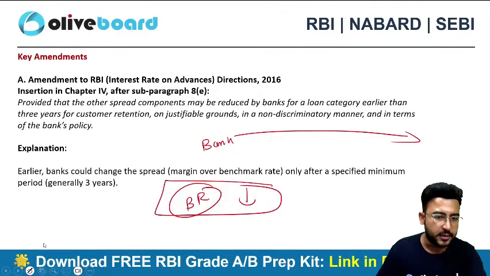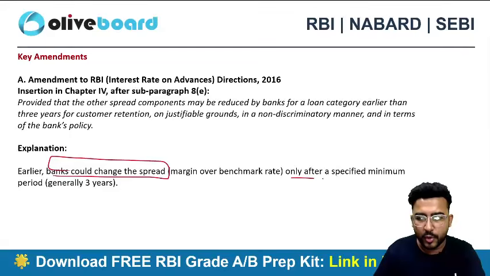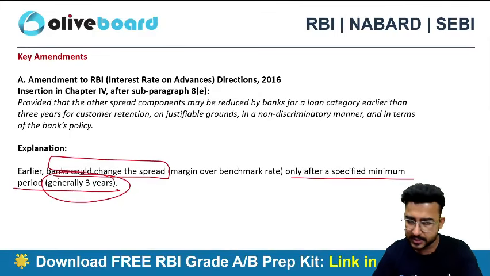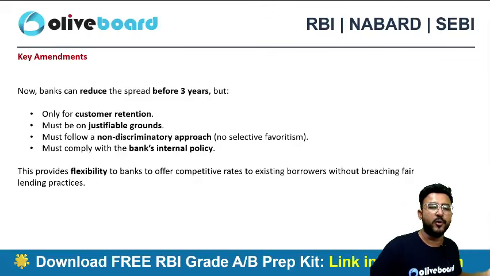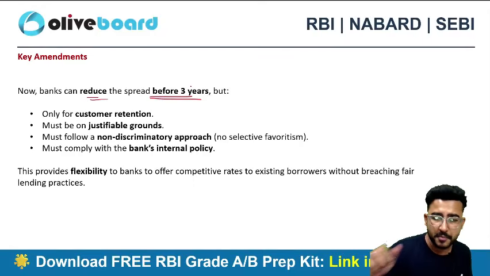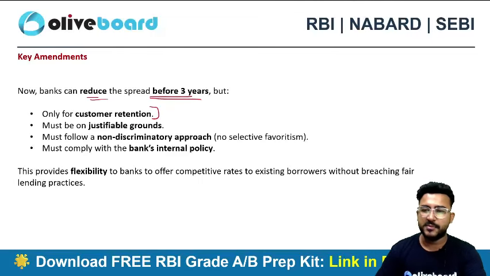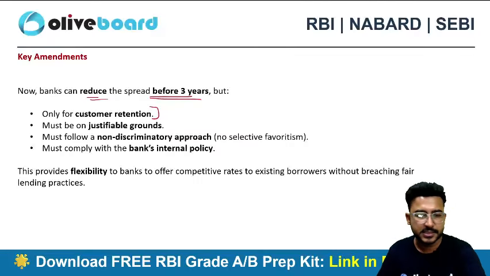So earlier, the bank could change the spread only after a specified minimum period, that is generally 3 years, right? So this was the earlier case that used to happen, but now the banks can even reduce it before the 3 years, but only for customer retention, right? Only for customer retention. Obviously, the bank has to offer a better deal to retain that customer.